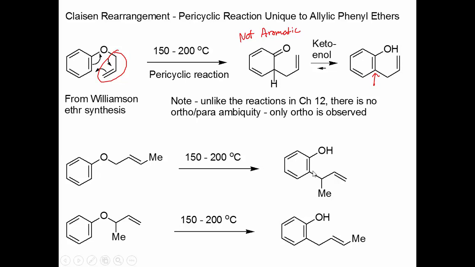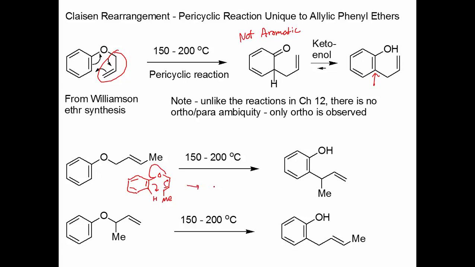So let's just write that one out here for the sake of clarity. Okay, so I'm going to draw it in a different conformation. I'm going to go ahead and draw the hydrogen here. Okay, so we're going to do the Claisen rearrangement.